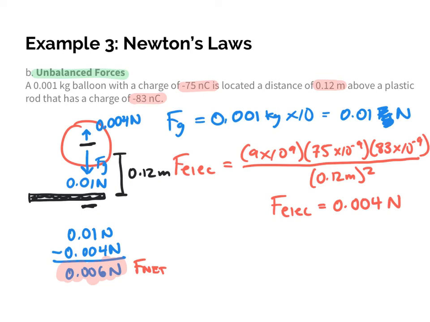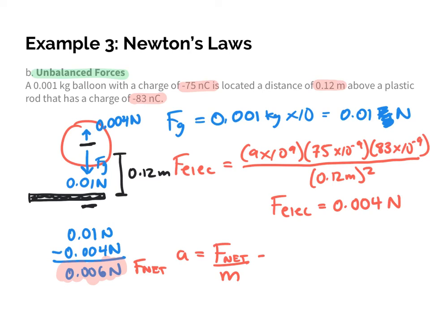Because gravity is the larger of the two, at this distance that balloon is going to fall. And we can go a step further and use Newton's second law: if something experiences a net force, then it's going to accelerate. Knowing the net force and the mass, which we do, we could figure out the rate at which that balloon would accelerate.